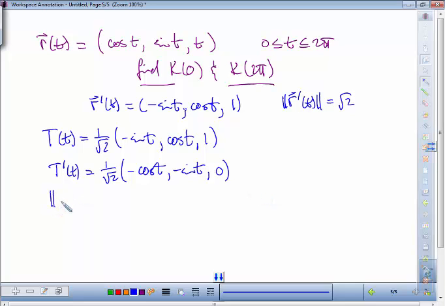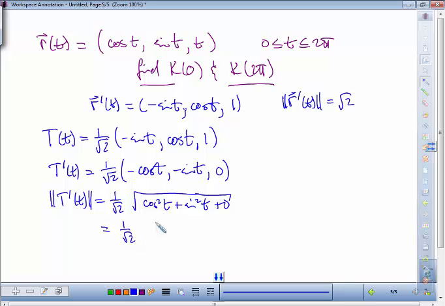And then let's take the magnitude. This is 1 over square root of 2. And then the magnitude of this is just cosine, sine, which is going to be 1. So this is going to give us just 1 over square root of 2.